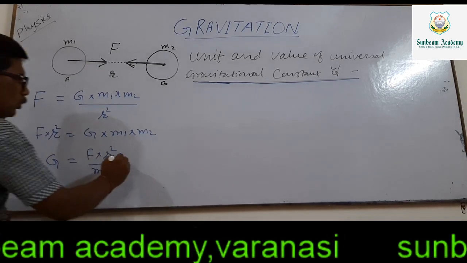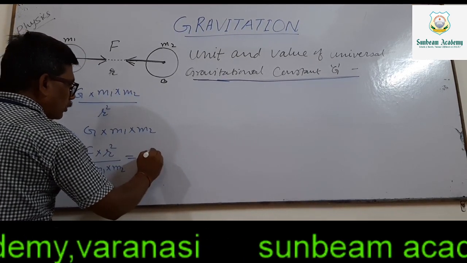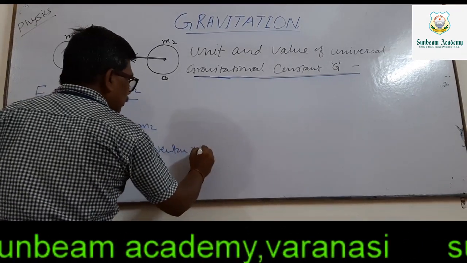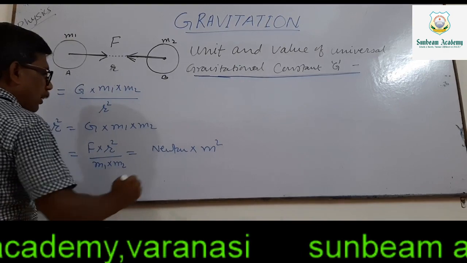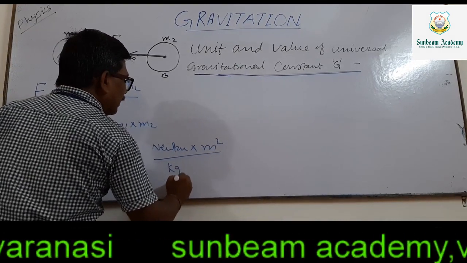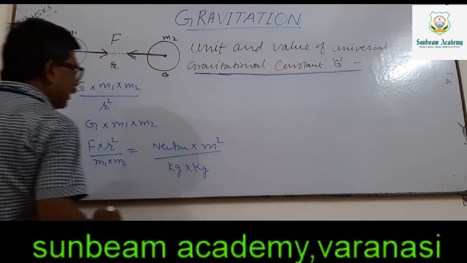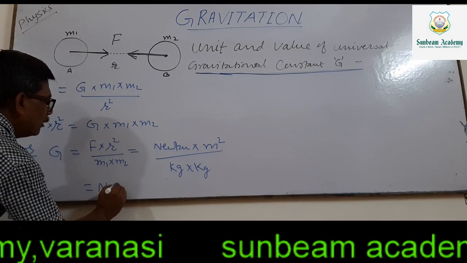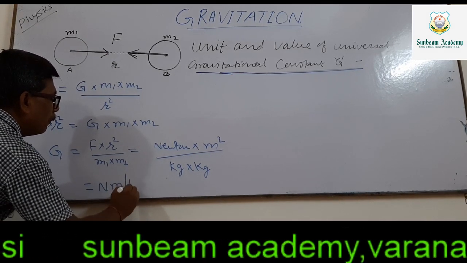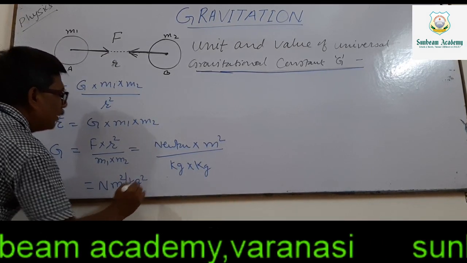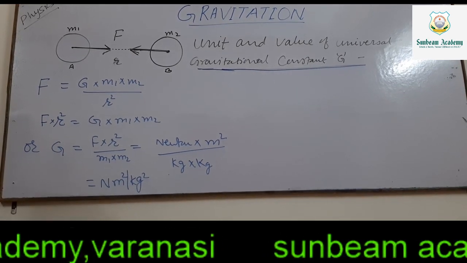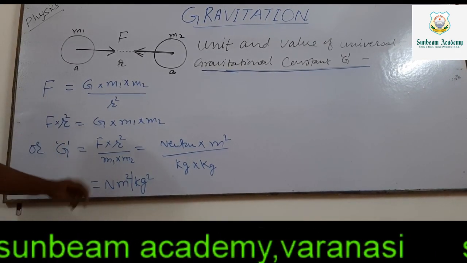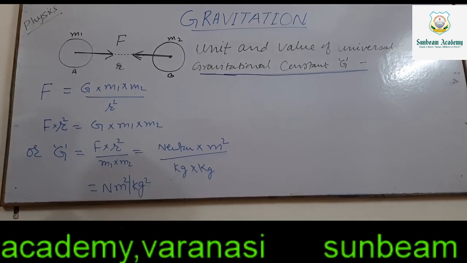Means you know the unit of force is Newton, and r square means meter square, and here kg into kg. It means that the unit of capital G is Newton meter square per kg square. The unit of capital G is Newton meter square per kg square.